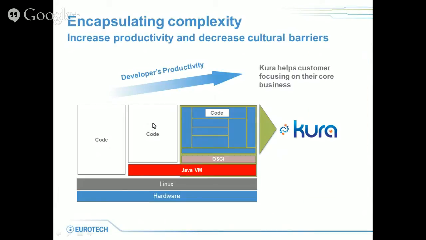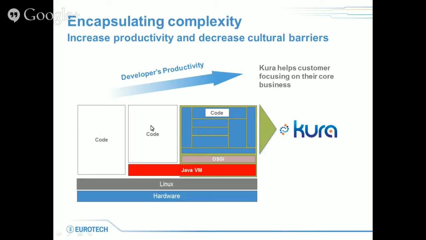So by the principle of making it simple, we said we have to encapsulate the complexity. That means that you focus nearly on the top of this architecture. If you don't have a framework like Kura, then you have to write the source code for everything, starting from the operating system above.